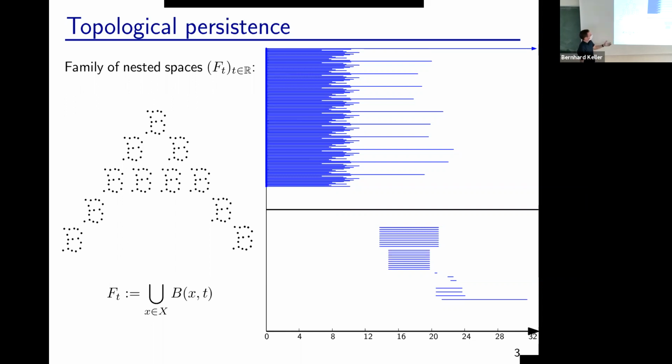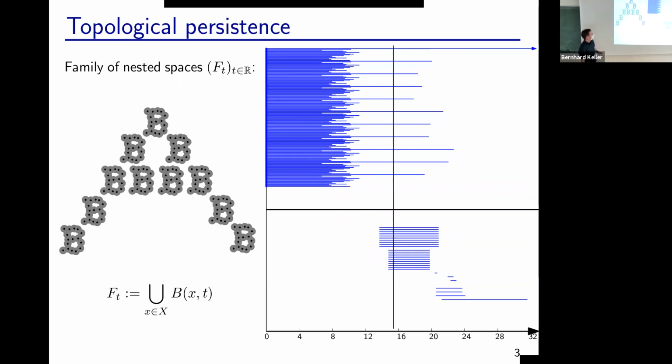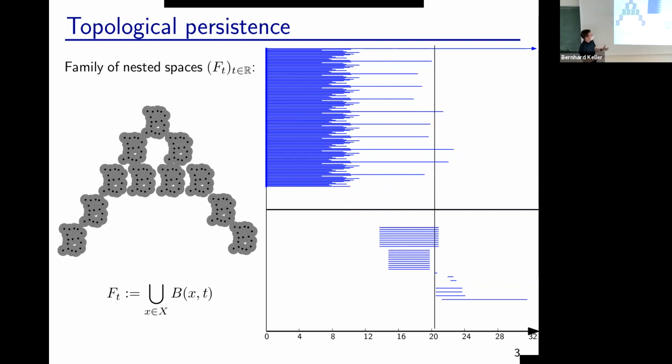So for instance, for t equals 0, the collection of balls is just the collection of the points. And then as t increases, you see the radii of the balls grow at the same rate, and therefore the union of balls grows. Of course, this way I get a family of unions of balls that is nested: for any t and t prime, F_t is always included in F_t' when t is smaller than t'. And then what I'm going to do is use homology to track throughout the family the evolution of the homology groups of this union of balls as t grows from 0 to plus infinity.